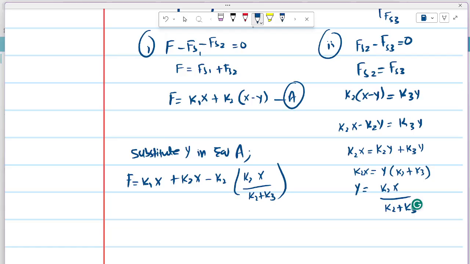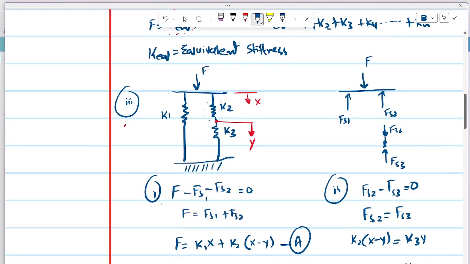If we take x common from all of these, it will be x times (K1 plus K2 minus K2 squared divided by K2 plus K3). So that's our equivalent spring constant in the case of a combination of parallel and series springs.